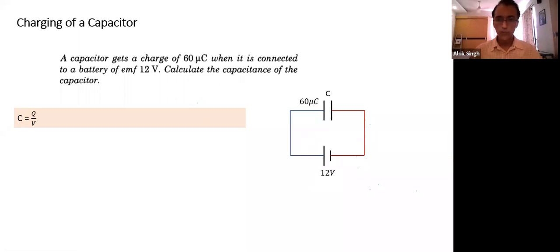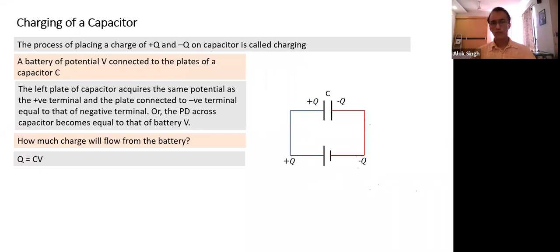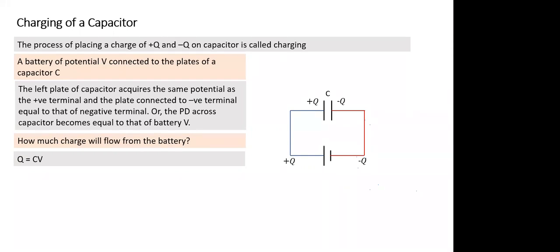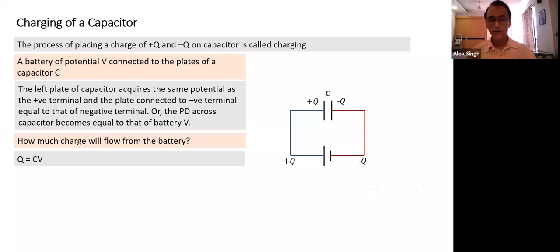How much charge will flow from the battery? First of all, why would the charge flow from the battery to the capacitor? Kevin, why would the charge flow?